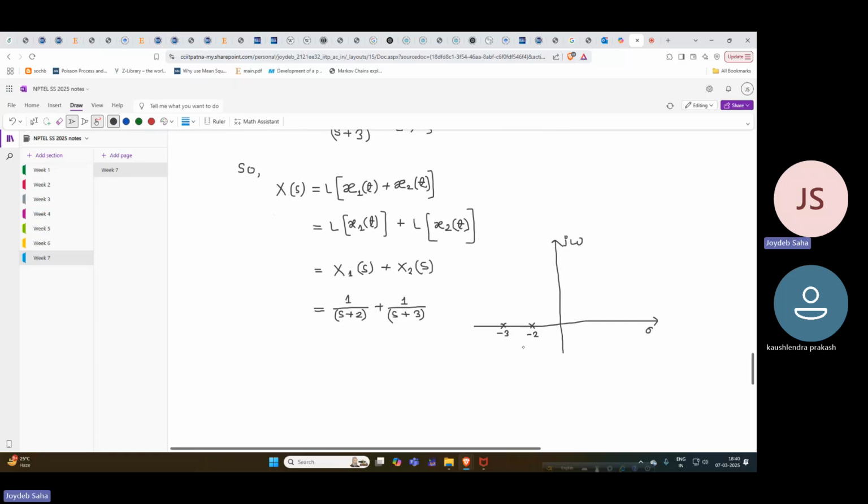Let us consider. So the region of convergence will be the common part of ROC1 and ROC2. So that is this one. This is the ROC, region of convergence. Fine.